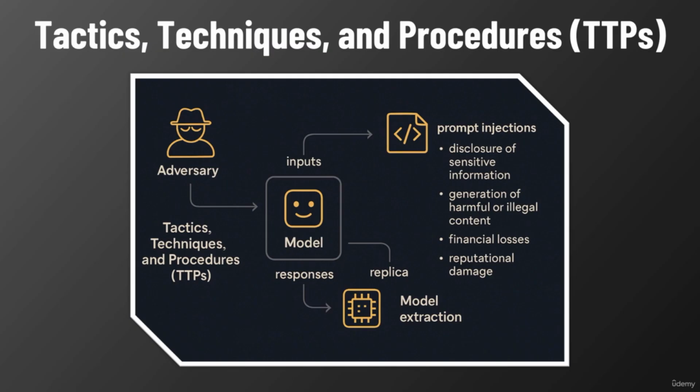In more advanced cases, attackers may conduct model extraction attacks by making strategic queries to reverse engineer the model's structure or behavior. Using techniques like adaptive querying, they can build a functional replica, one that bypasses intellectual property protections and serves as a tool for launching further attacks.